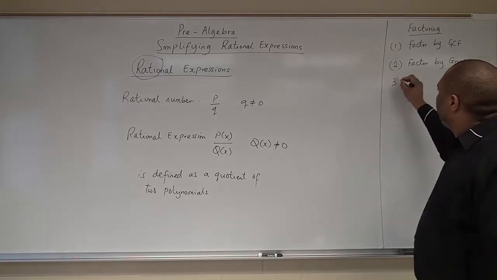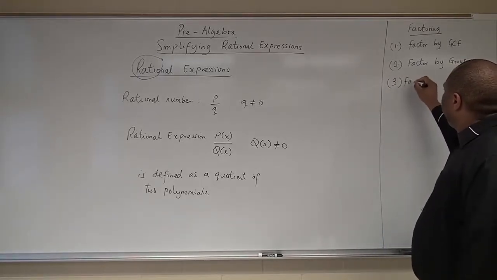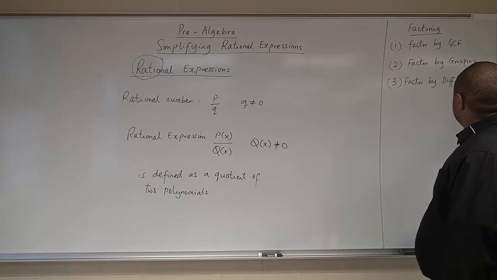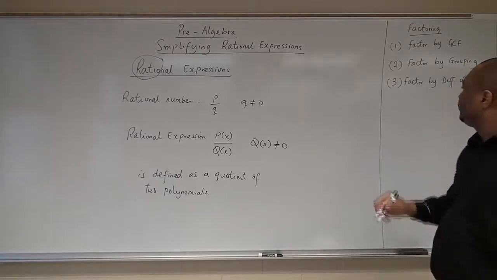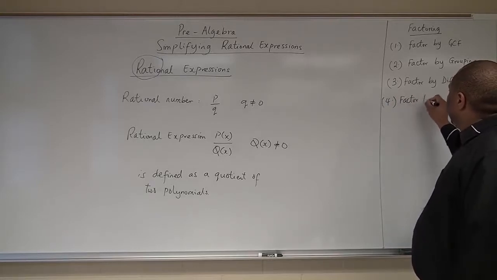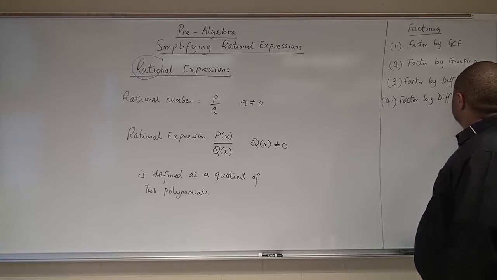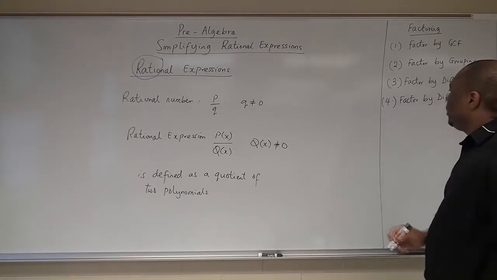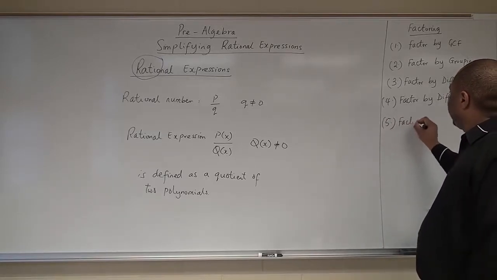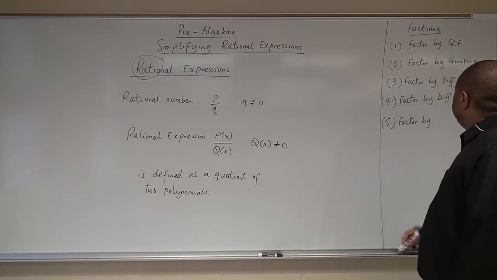Number three, factoring by a difference of two squares. Number four, factoring by a difference of two cubes. Number five, factoring by a sum of two cubes.